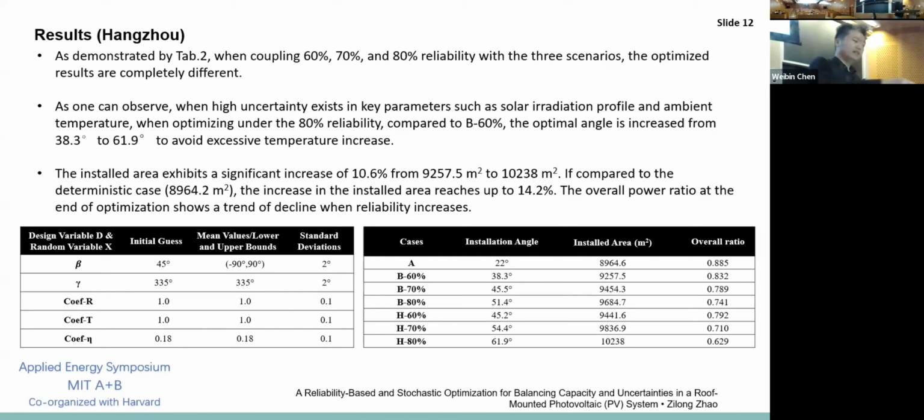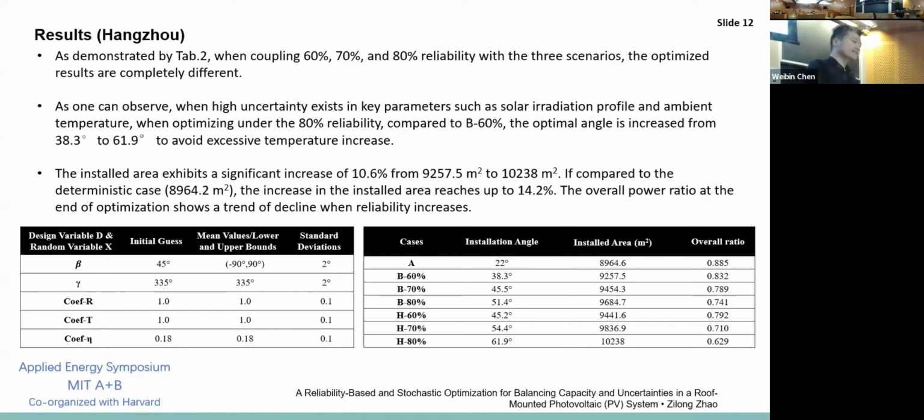And here are the results from the real reliability-based design optimization. Firstly, for the city in China, coupled with 60%, 70%, and 80% reliability in different scenarios, there are 5 variables in total: 2 design and 3 random, the coefficients of solar radiance, temperature, and the power conversion efficiency.